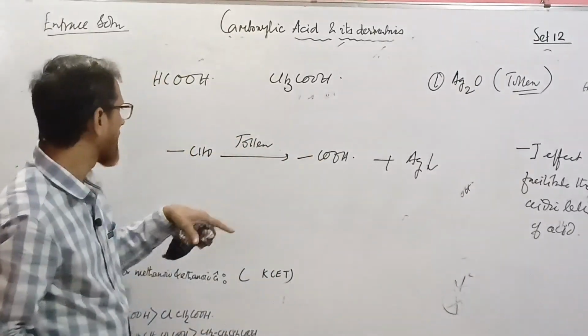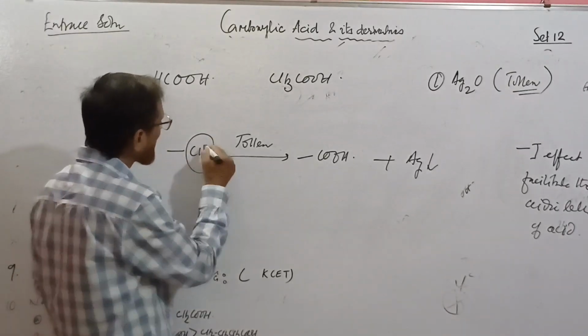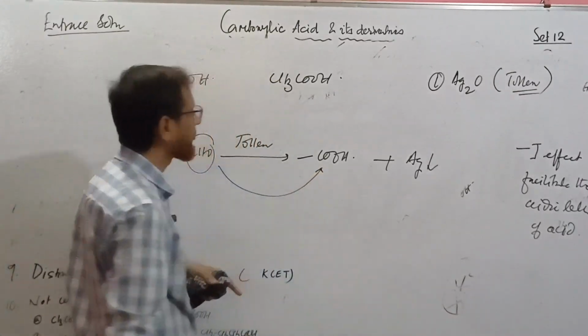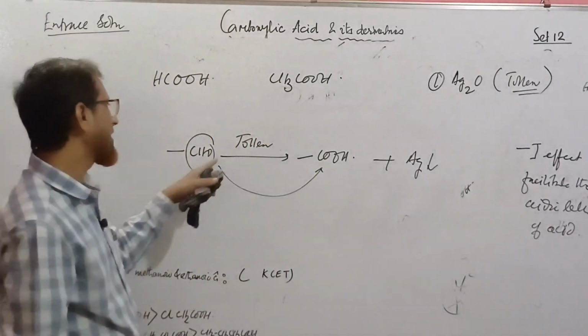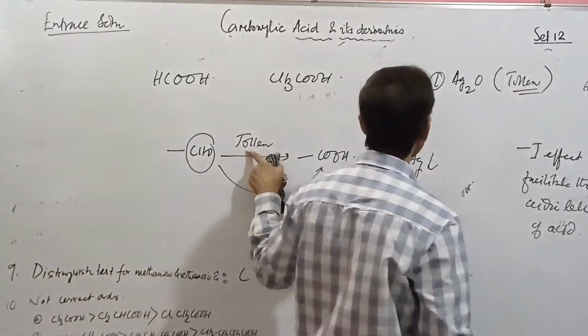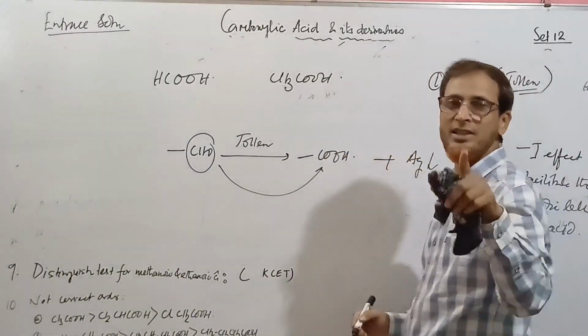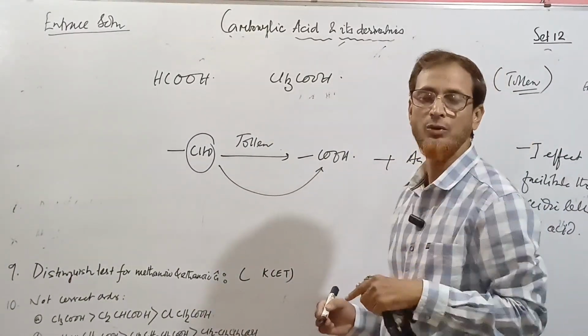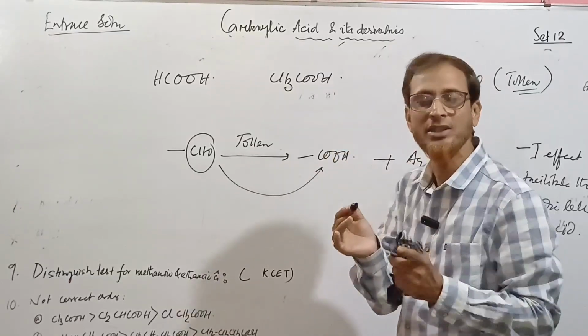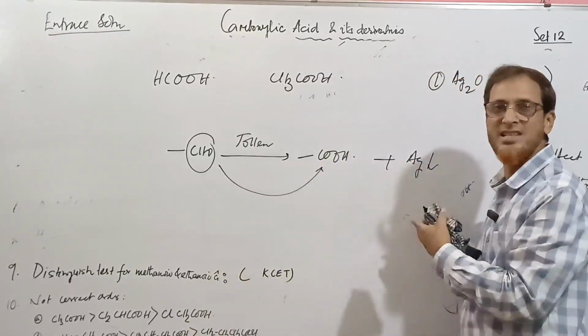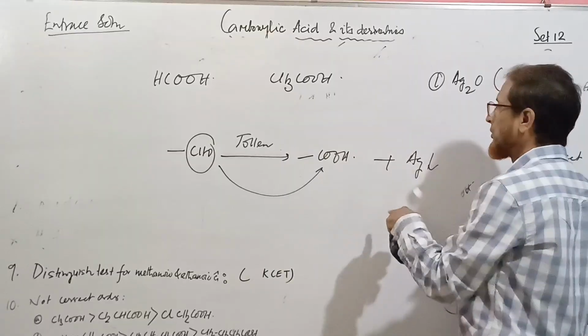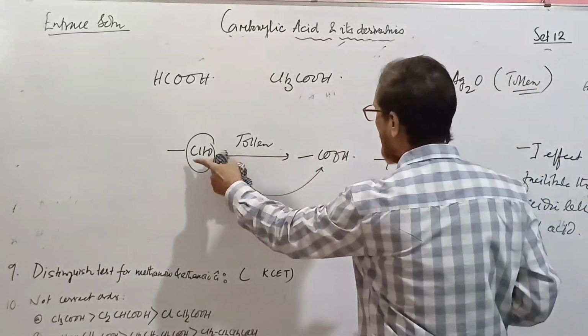It is silver nitrate, Ag(NH3)2 OH negative, we can write in this way. From this complex, it comes out as Ag, hence it is reduced in the presence of an aldehyde group.